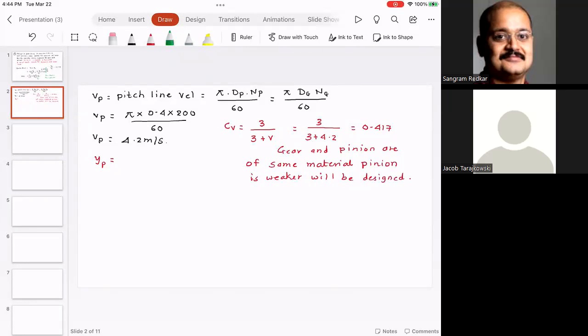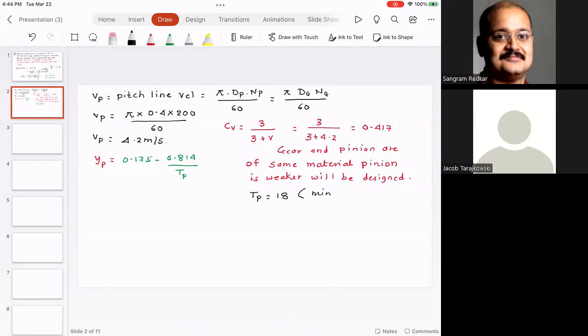So YP is equal to 0.175 minus 0.814 divided by number of teeth on pinion. Now at this point, I want you to look at the table and tell me the minimum number of teeth that are required on the pinion to avoid interference. I'm going to say TP is equal to 18.